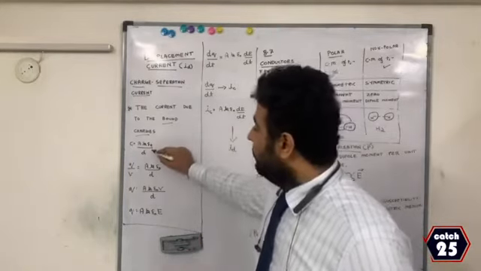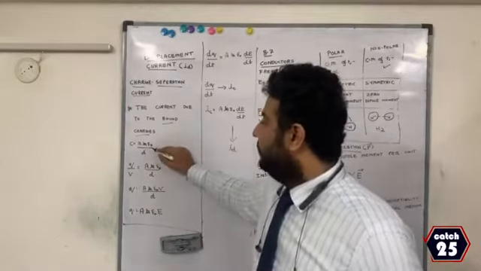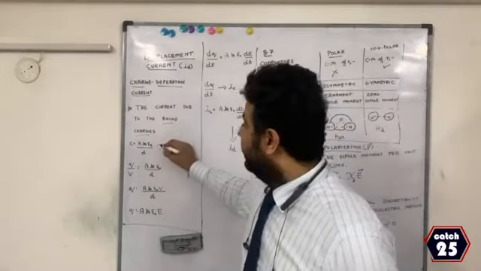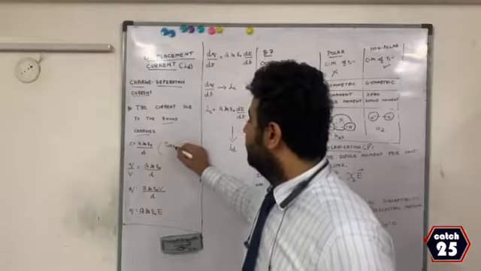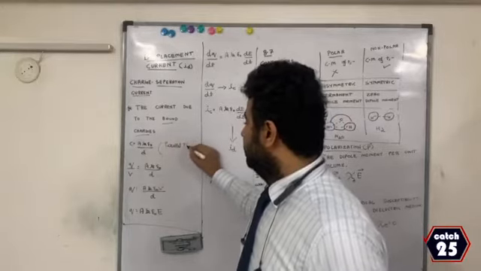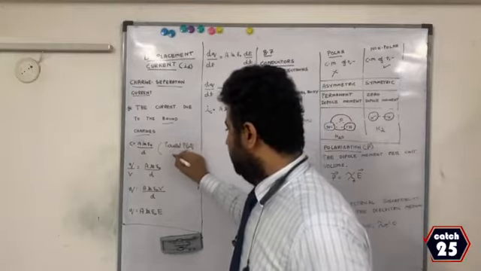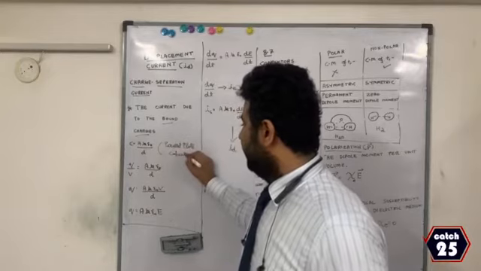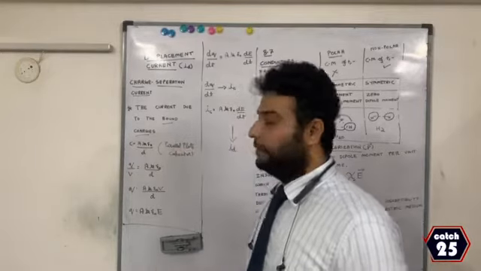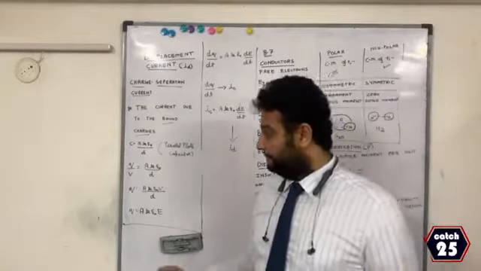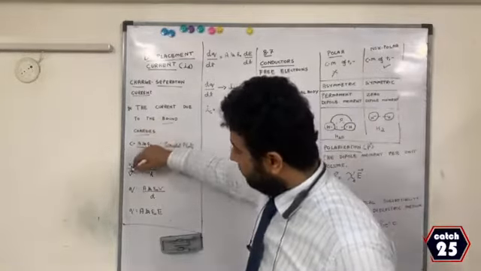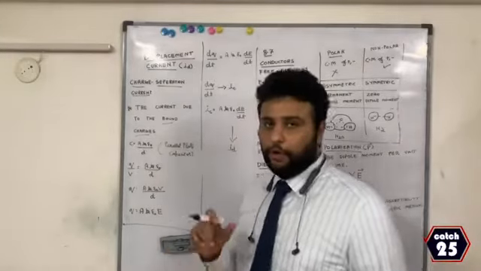You know this formula from capacitor: C is equal to AK epsilon naught by D. This is the formula for a parallel plate capacitor. I'll take C is equal to Q by V, which you anyway know, Q is equal to CV.